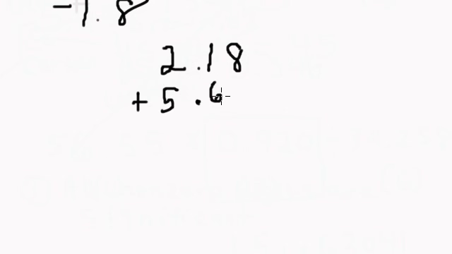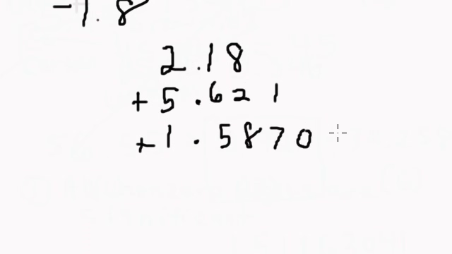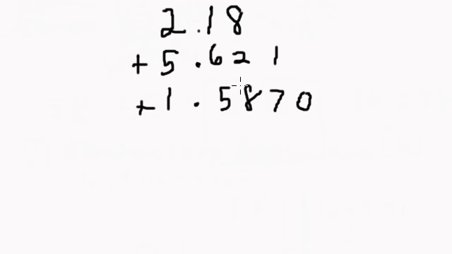The first thing that you want to do when you're adding and subtracting is you want to put them one on top of each other. So you would actually write them like this: 2.18 plus 5.621 plus 1.5870 minus 1.8.